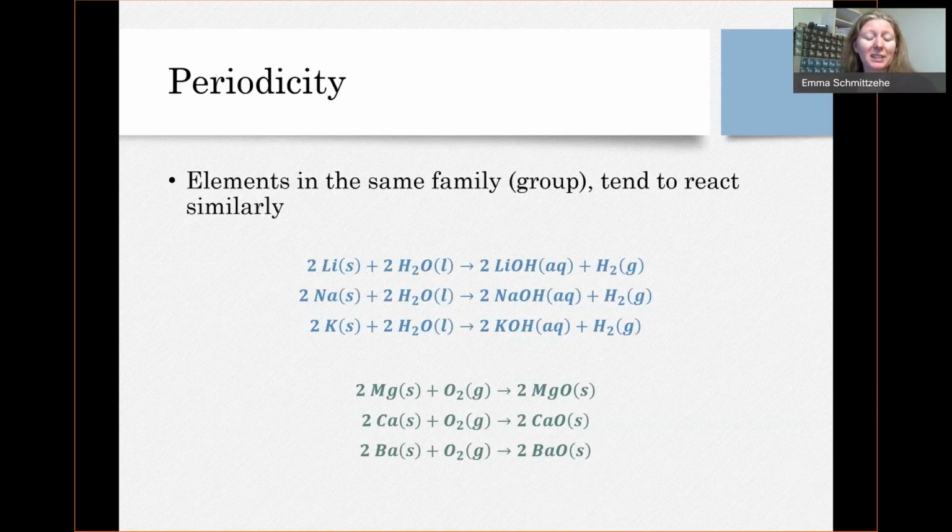Or if you can't find anything when you try to look up what happens, okay? If you can determine what happens with other elements in the same group, it's very likely the same thing's going to happen, and you can just swap out a different element in the group.